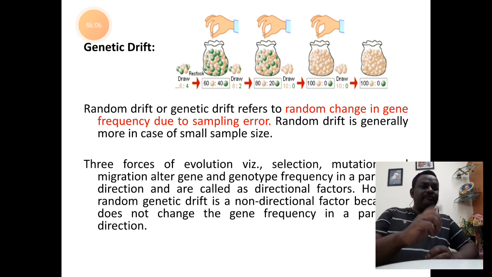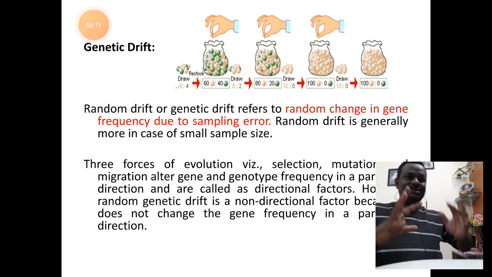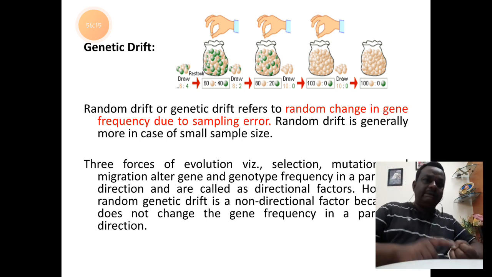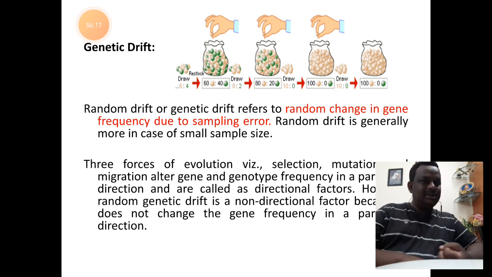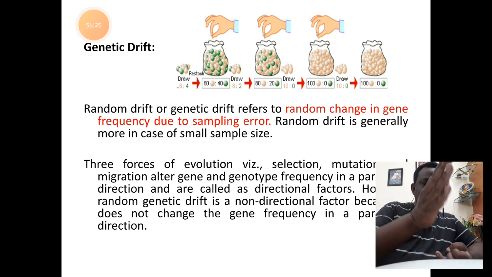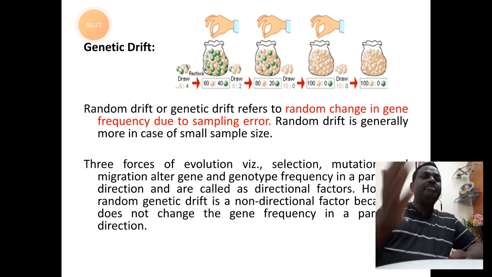When we look at the picture above, in the first jar we find green and brown balls. 60% of them are brown and 40% are green.